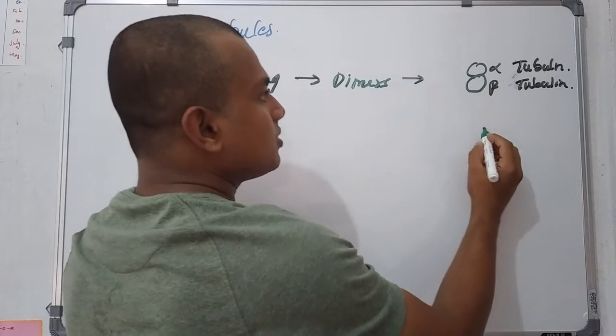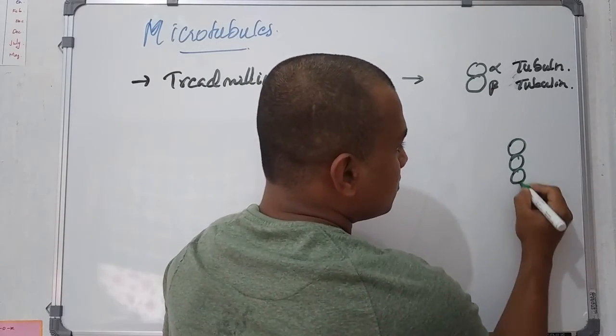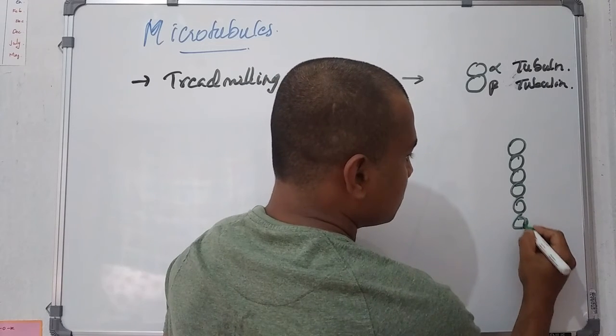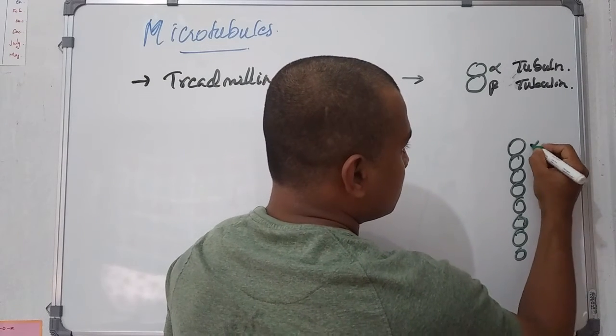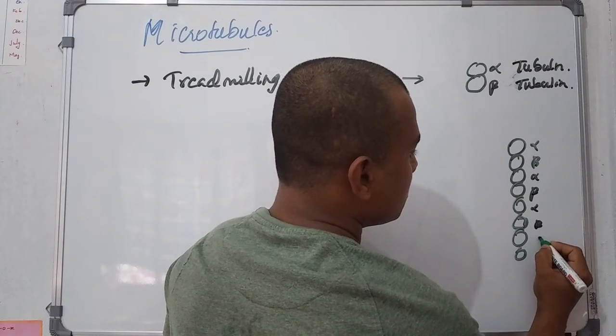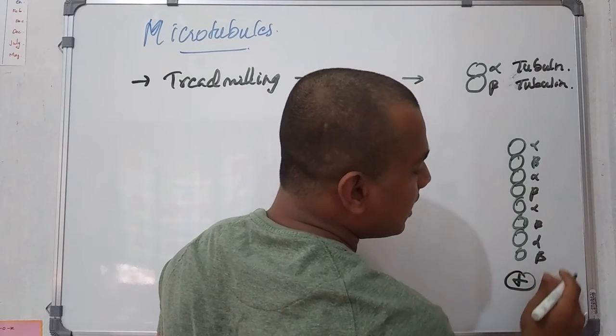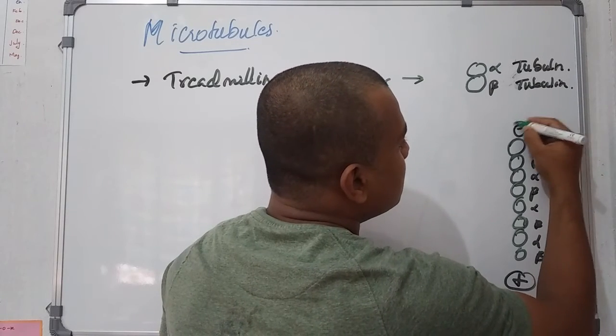This is its structure, and this is known as a single protofilament. Alpha beta, alpha beta, alpha beta, alpha beta. The beta end will be the positive end, and the alpha end will be the negative end.